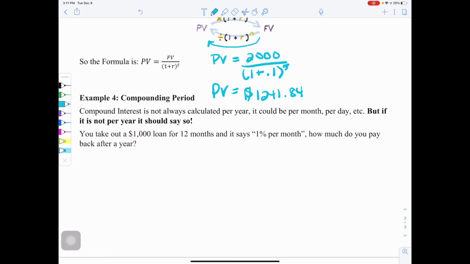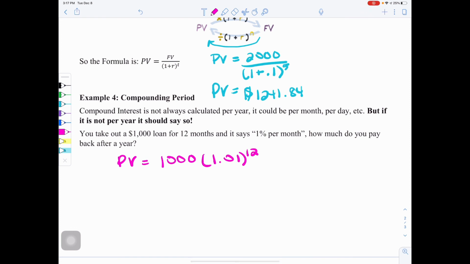You take out a $1,000 loan for 12 months and it says 1% per month. How much do you pay back after a year? Okay, well, think about that. A year is a full 12 months. So your present value would be that $1,000 times 1 plus your rate, but you're not going to do 1 for 1 year.